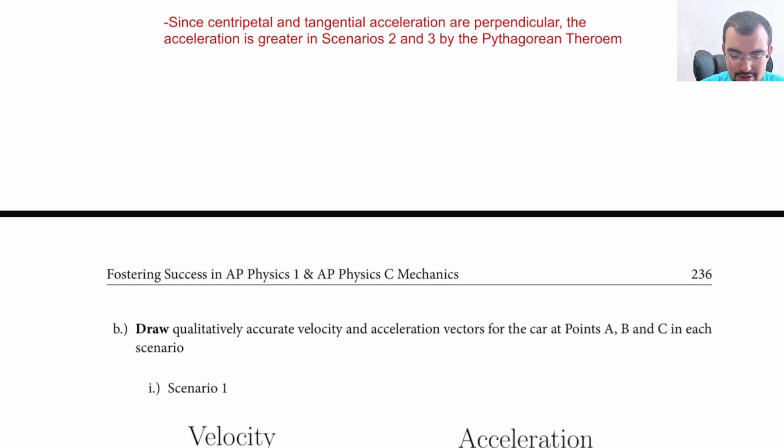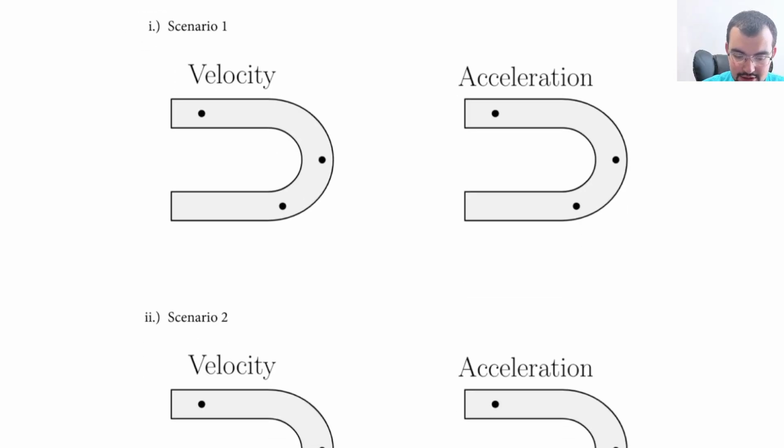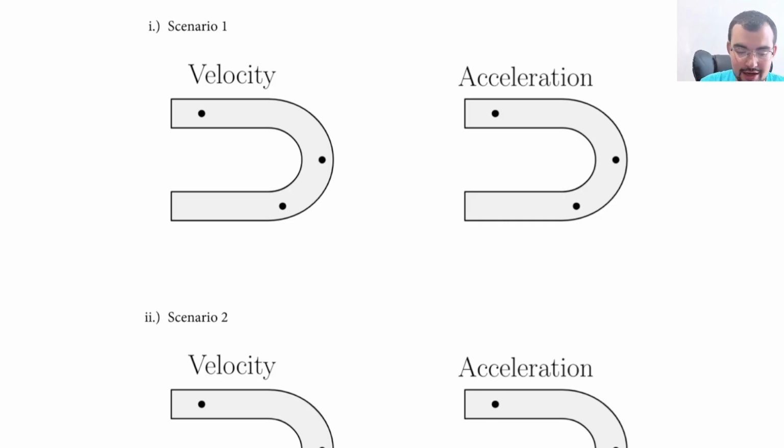All right, let's draw qualitatively accurate velocity and acceleration vectors for the car at A, B, and C in each scenario. Well, scenario 1, this is just turning at a constant speed. So we have tangent for velocity, tangent for velocity, tangent for velocity.